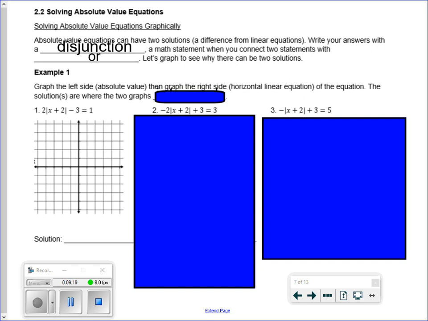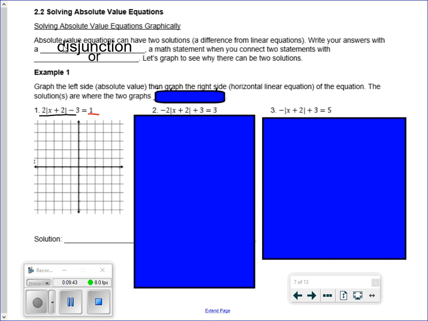All right. So we're going to learn how to solve our absolute value functions using graphs. And what we're going to do, like for number 1, is treat both sides of this equal sign as 2 different equations. So we're going to graph 2 times absolute value of x plus 2 minus 3 as its own equation. And then we're going to graph y equals 1 as its own equation as well.